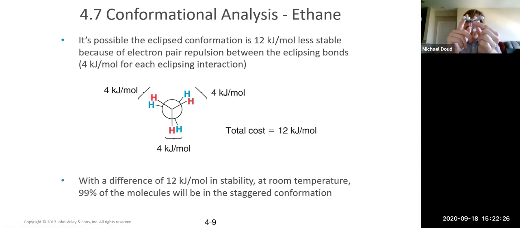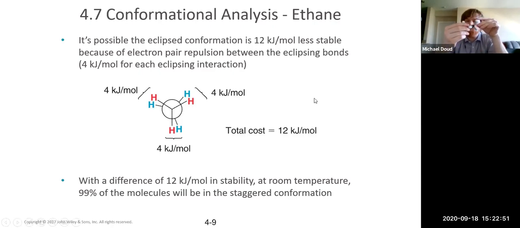So we have a carbon-hydrogen bond conflicting over here, another carbon-hydrogen bond from here to here, and then a final carbon-hydrogen bond here to here. So that's where we have these conflicts. So we divide it by 3. We're going to assign, when we have a hydrogen-hydrogen eclipsing interaction, about 4 kilojoules per mole.